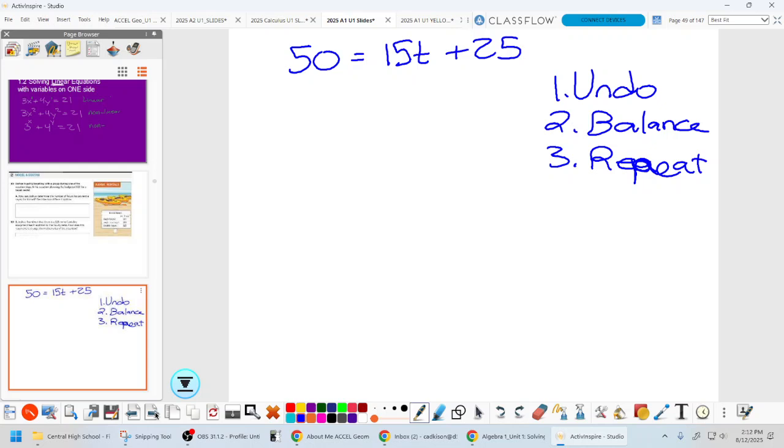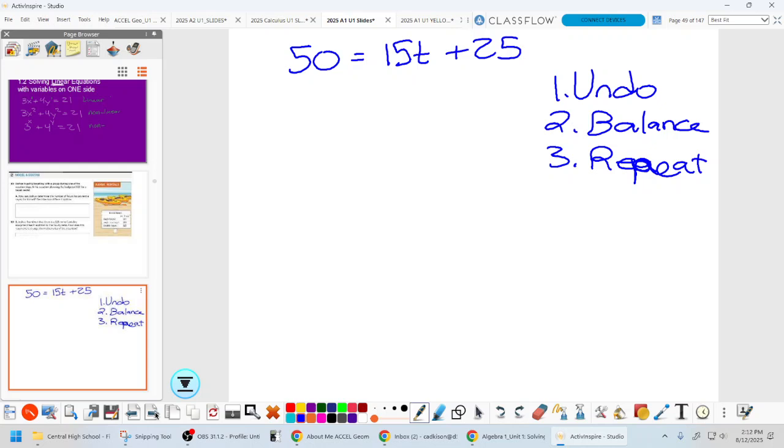Okay. Alright, so we're going to talk through those 3 steps as a strategy for solving. And I will tell you, this is a critical skill to have for the next 3 years of math in high school. And more if you continue on.